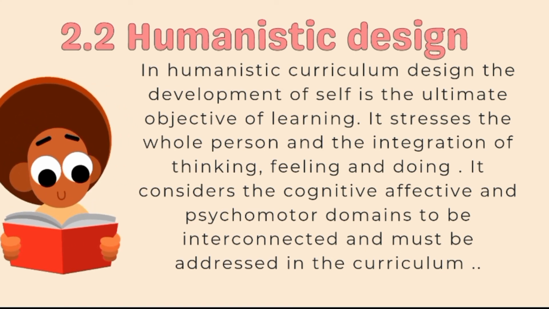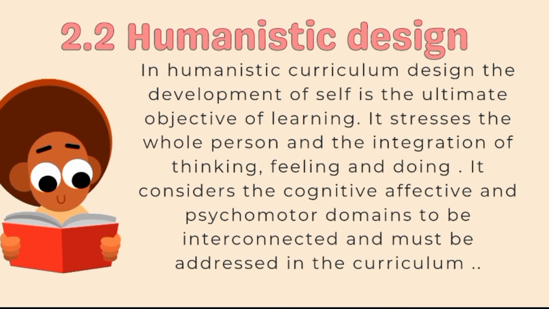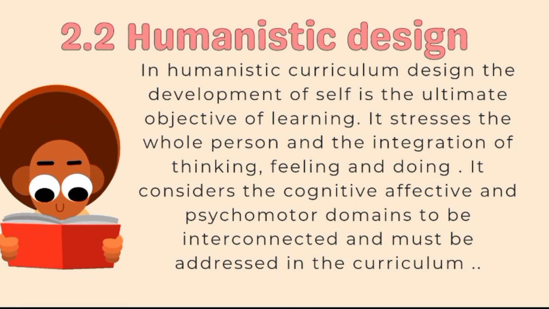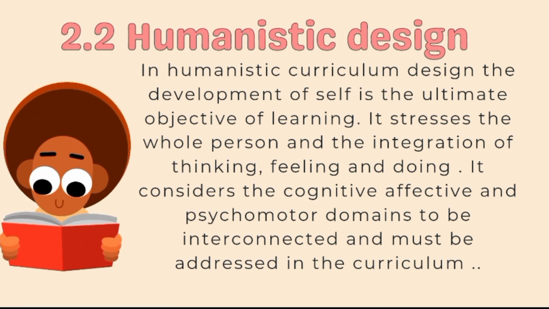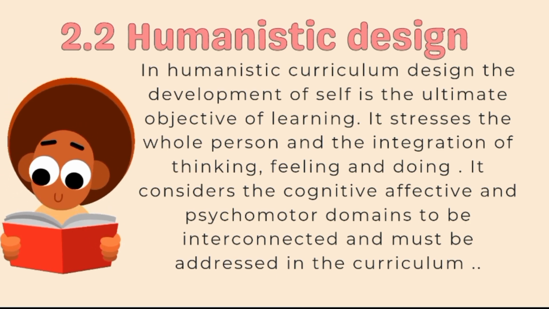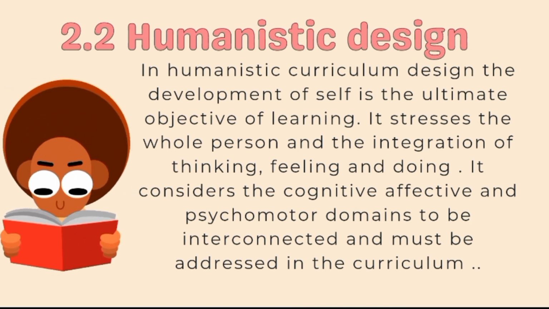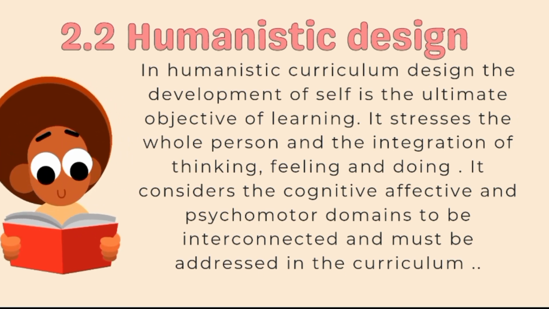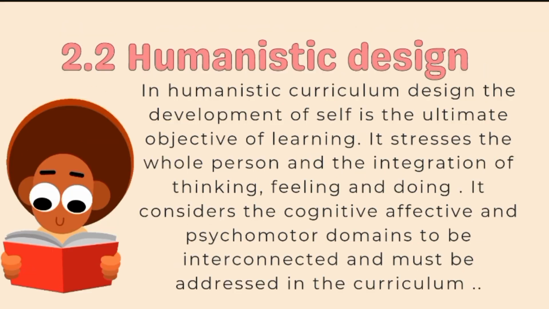So, in the humanistic curriculum, the emphasis is on the experiences, interests, and needs of a person and a group. So, the development of self is the ultimate objective of the learning. So, it stresses the whole person and the integration of thinking, feelings, and doing.